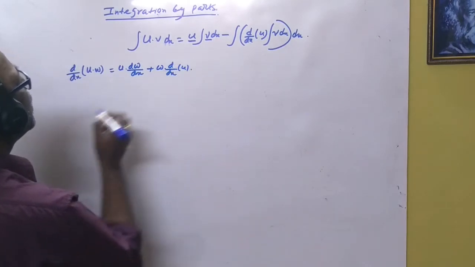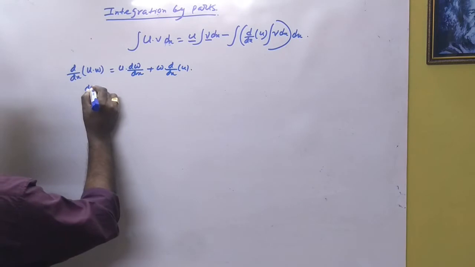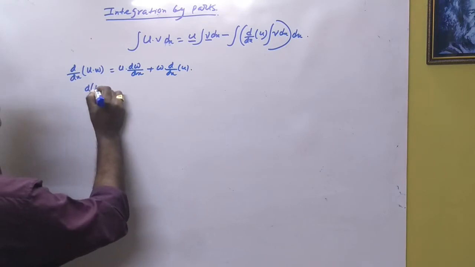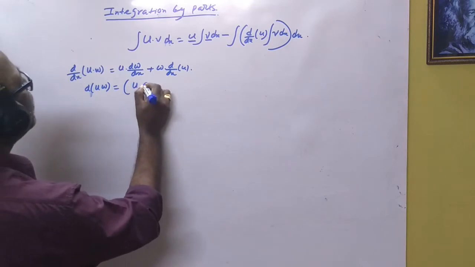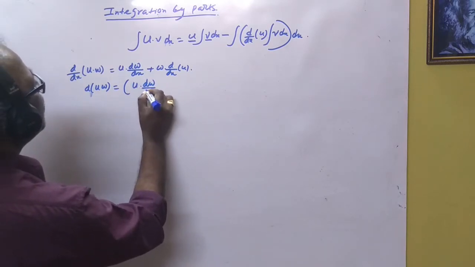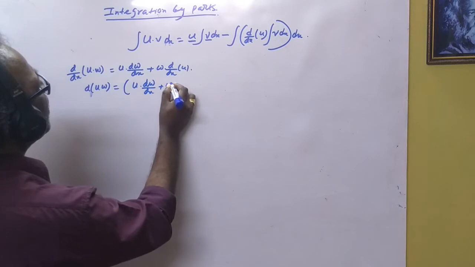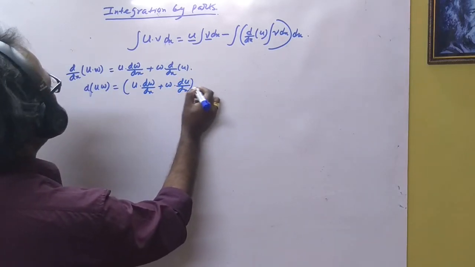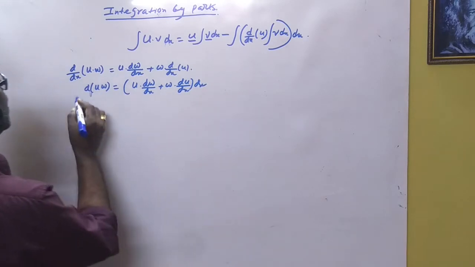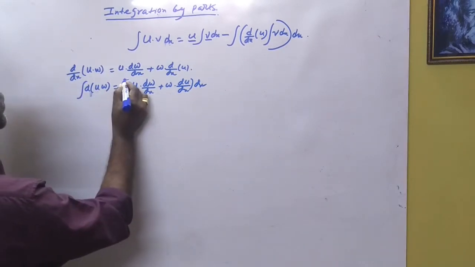And d of uw is u into dw/dx plus w into du/dx, and then integrate both sides.